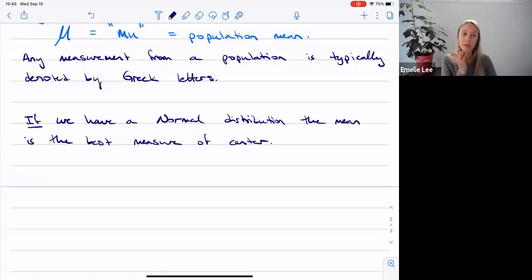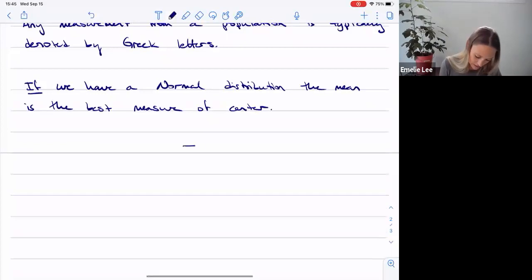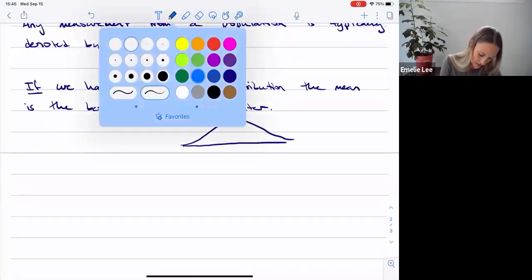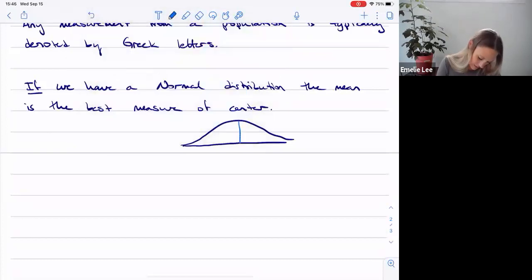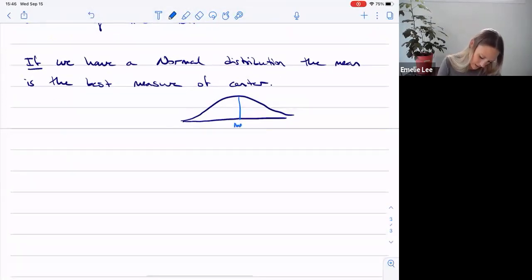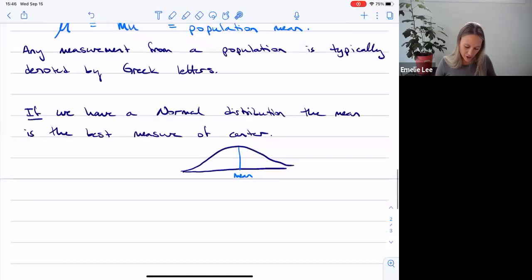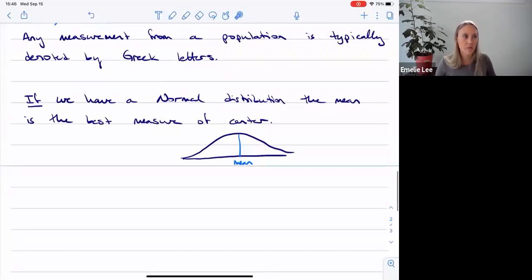What's going to happen is you might have your distribution like this, and the mean would cut it in half, assuming it's perfectly symmetric, and you can bend it in half. All right, so let's talk about some other measures of center before I keep going here.